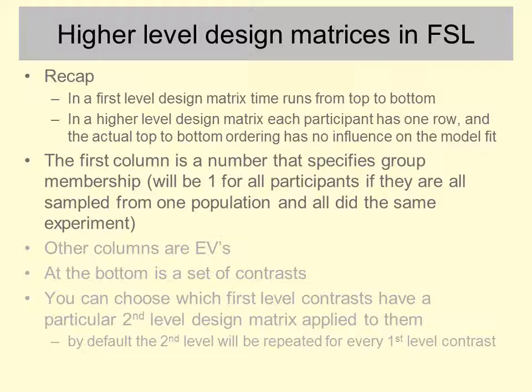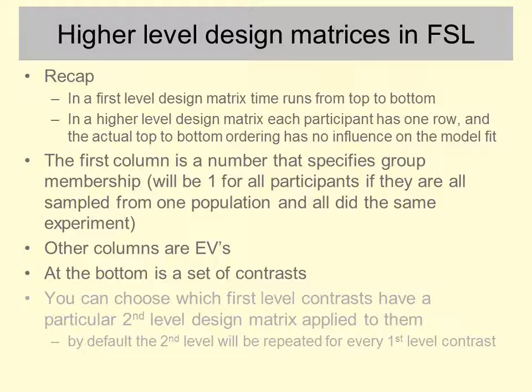That first column is now a number that specifies the group membership, and it's going to be 1 for all participants if they were all sampled from one population and all did the same experiment. The other columns are the explanatory variables, which embody your beliefs or predictions about what systematic sources of activation there are going to be in certain parts of the brain.